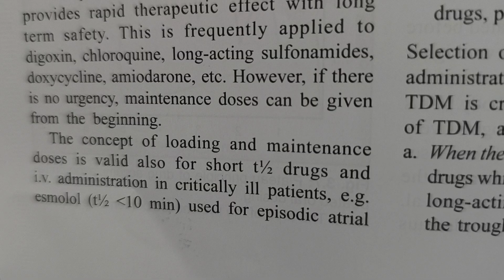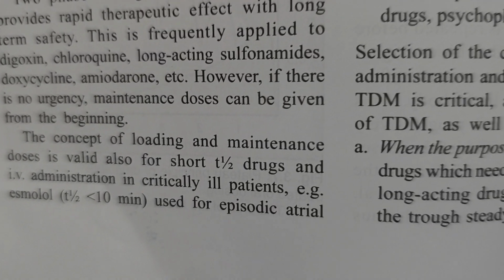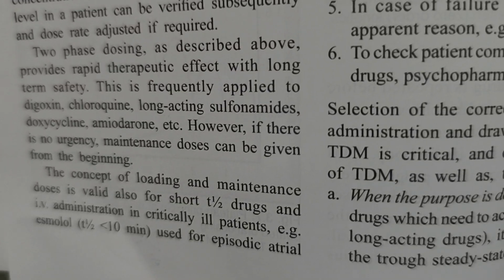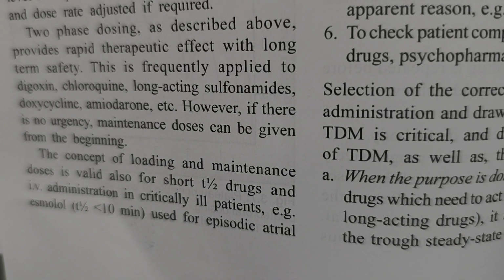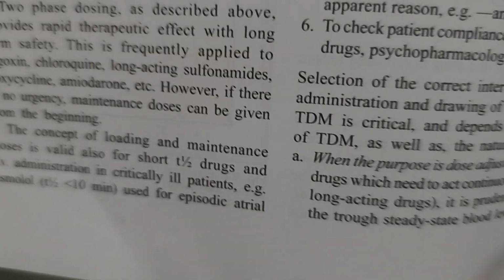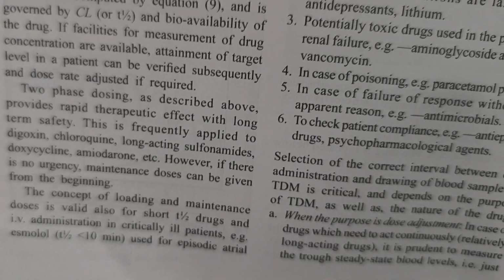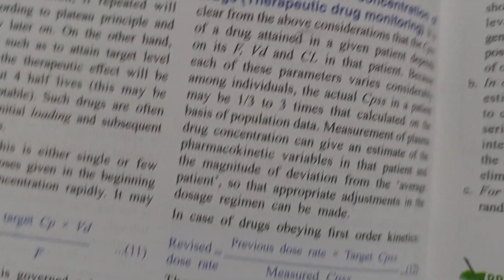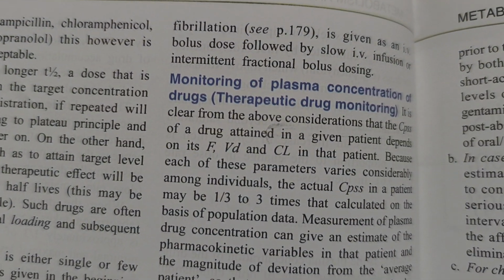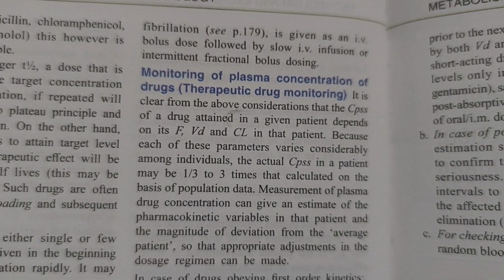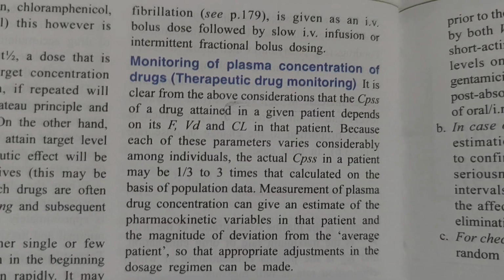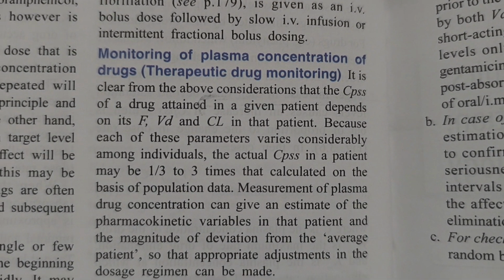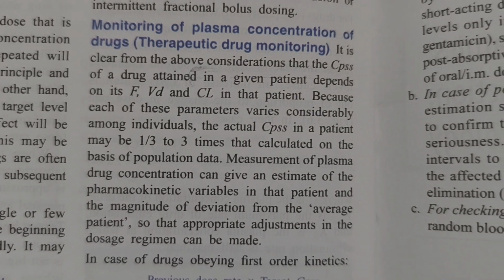The concept of loading and maintenance dose is valid also for short T half drugs and IV administration in critically ill patients. Example, esmolol, T half less than 10 minutes, used for episodic atrial fibrillation, is given as an intravenous bolus dose followed by slow IV infusion or intermittent fractional bolus doses.